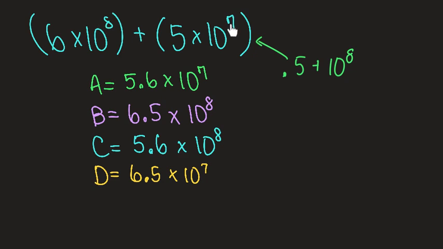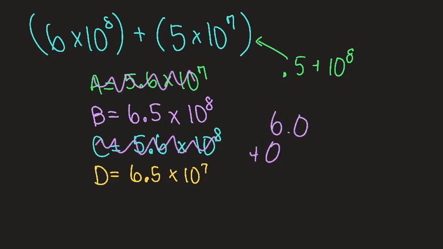So I'm going to go up to an 8, which means I go down to a 0.5. Now can we look at the front numbers and see which ones are eliminated? The 5.6s are eliminated. It's going to be 6.0 plus 0.5. Now is my exponent going to be an 8 or a 7? My exponent will be an 8. Choice B.